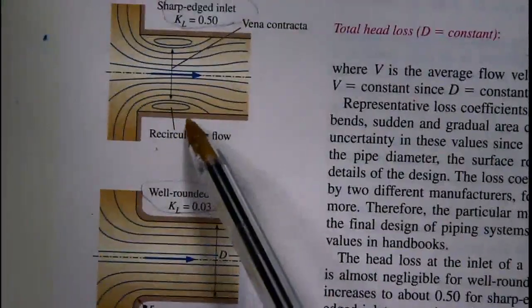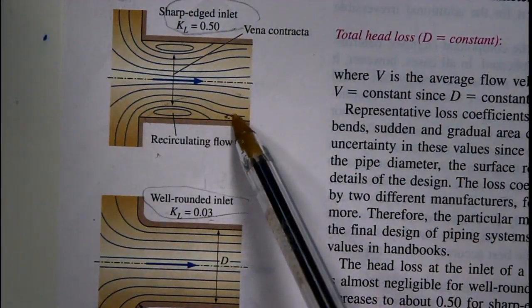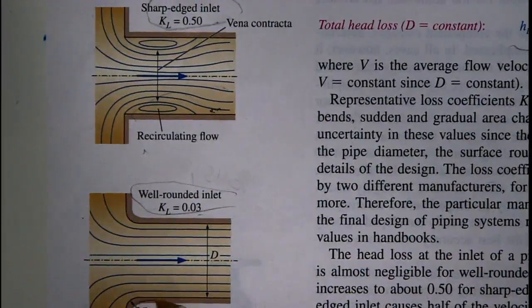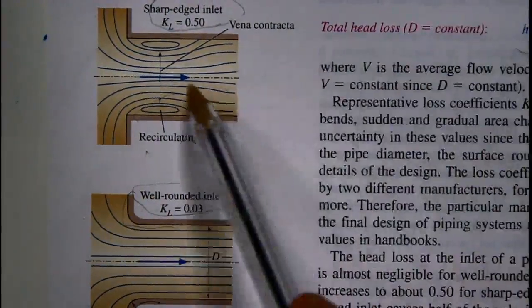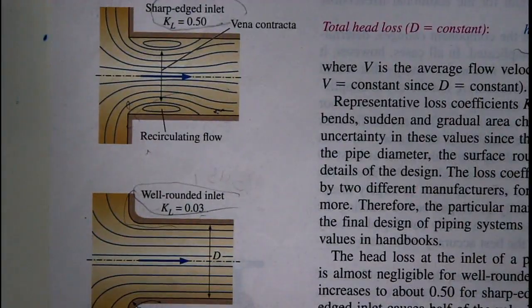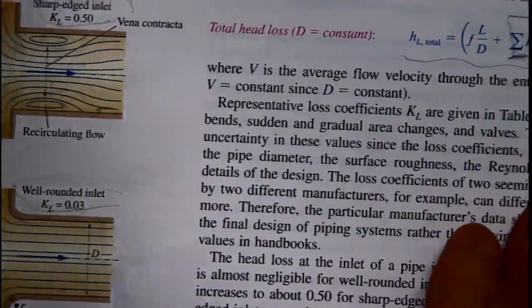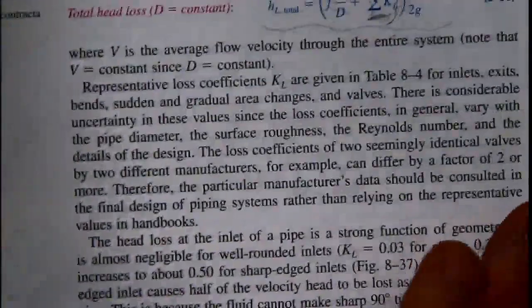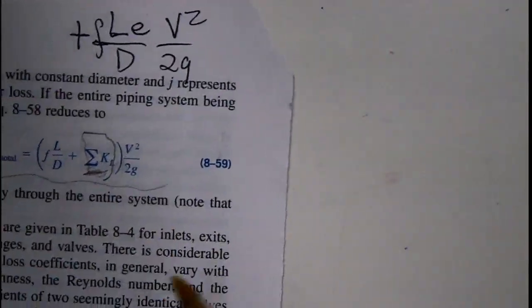You can have pressure drop due to entry region. It matters whether you have a smooth entry or a sharp entry. Doesn't matter very much, I should say. Vena contracta is what I mentioned earlier.